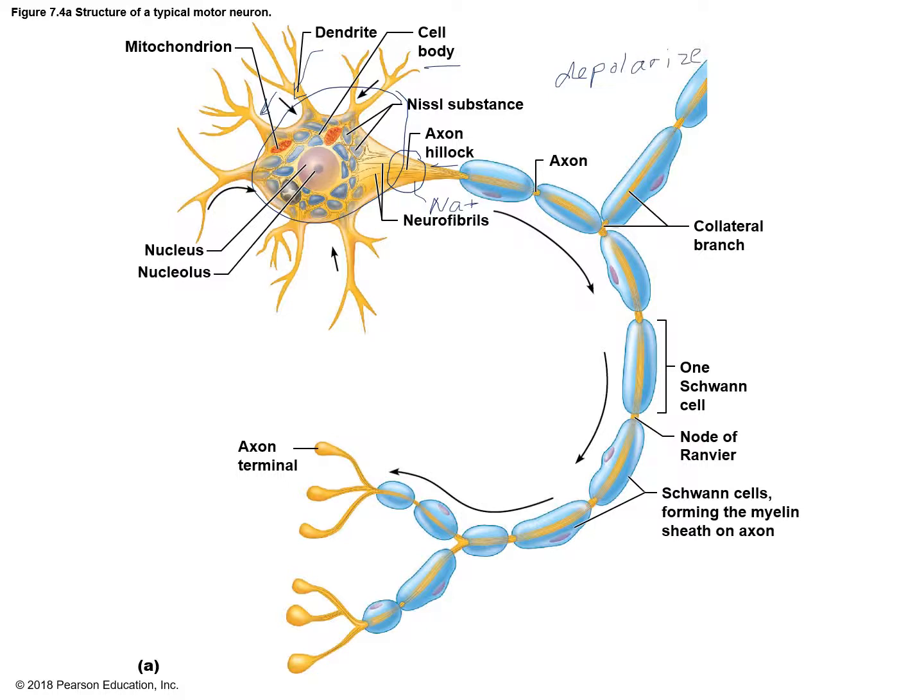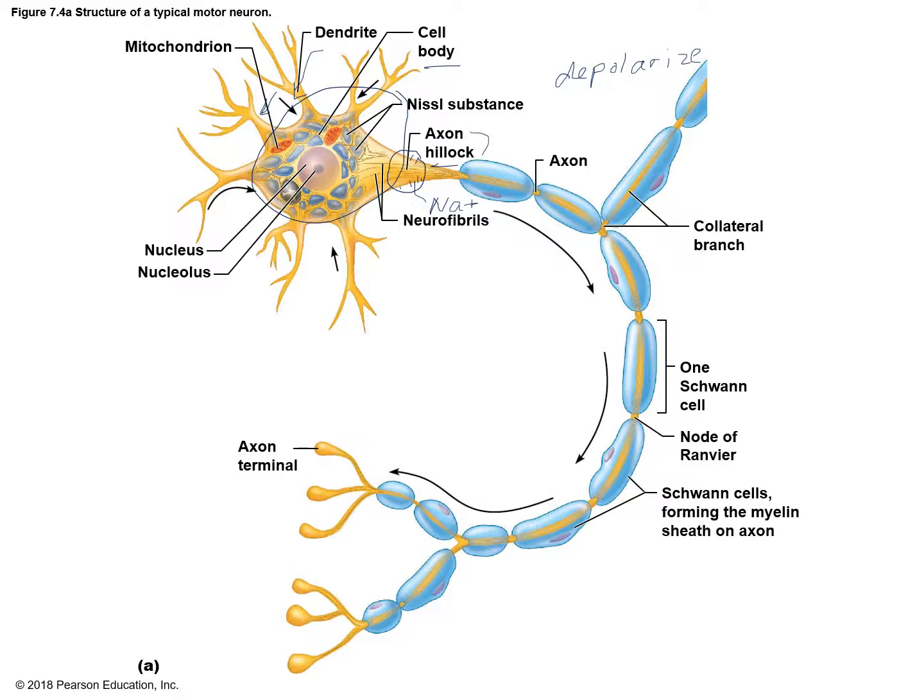And this region of the neuron has enough sodium gates that you can flood the inside of the cell with positively charged ions and depolarize the cell, meaning there's going to be less of a difference in charge between the inside and the outside of the cell. And I'll talk more about that later. But again, that's going to happen at the axon hillock.